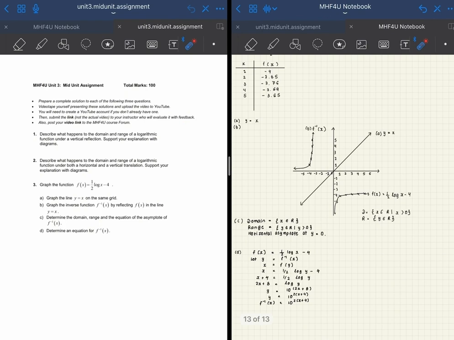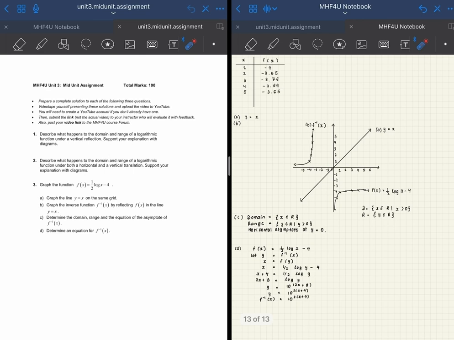To get the equation, first we will let y be f inverse of x. If we move the inverse to the other side, x will be f of y. So we will substitute y in the equation f of x.